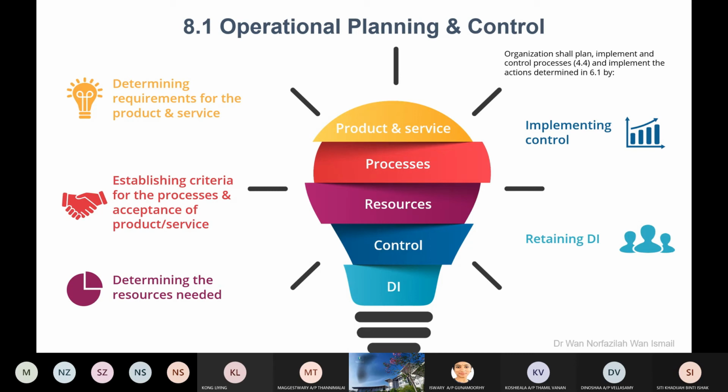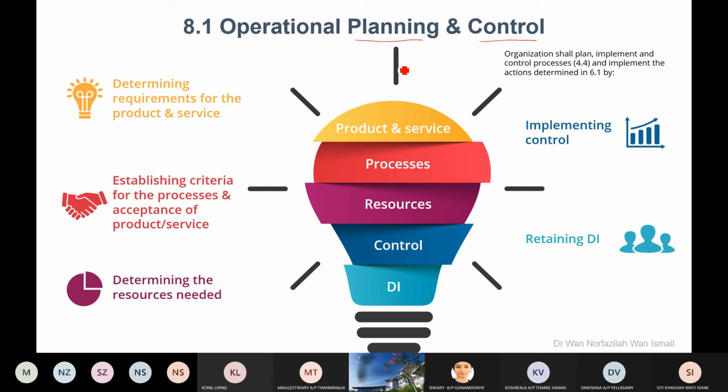Same goes to changes. Even if you want to do some changes, you need to plan. So same goes to operation. You want to operate your laboratory, start with planning. Once you have proper planning, then you need to control them. So the keywords here are planning and control for subclause 8.1.